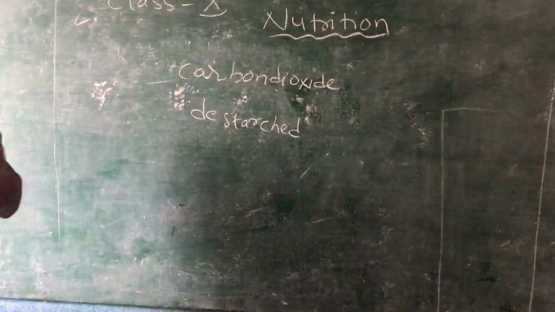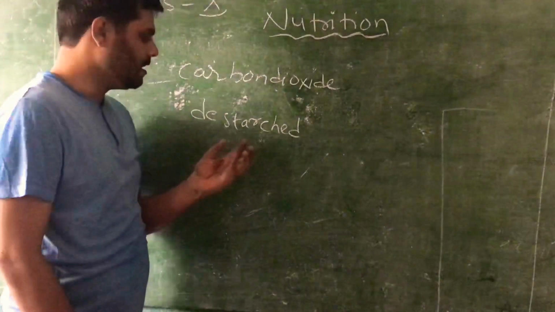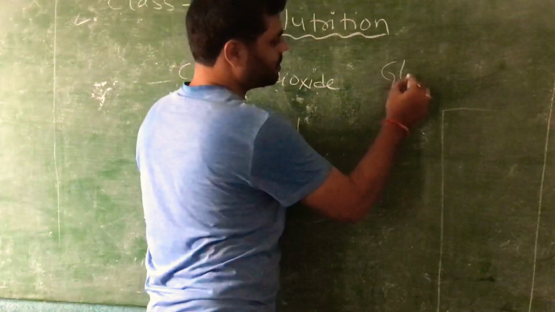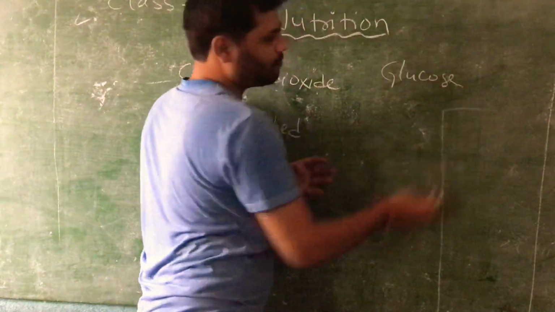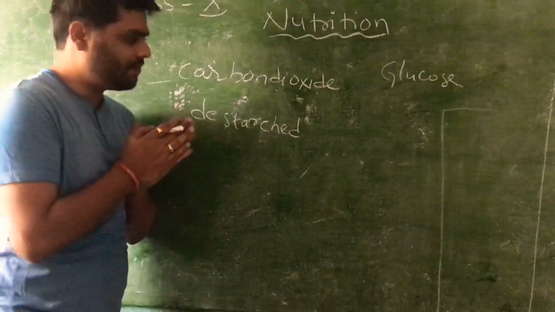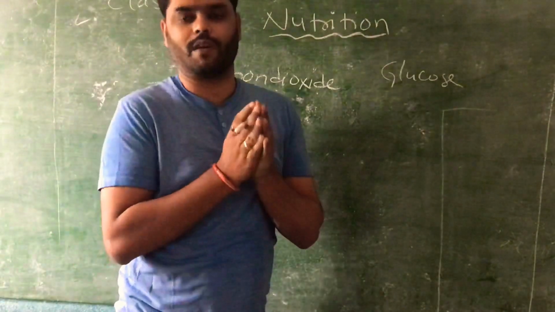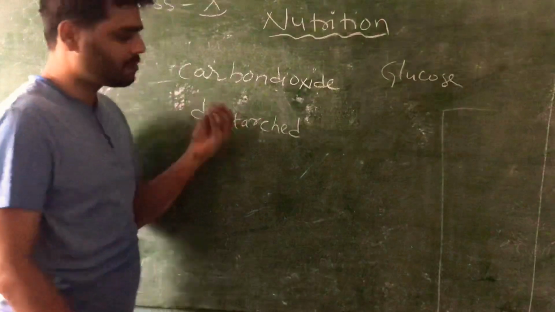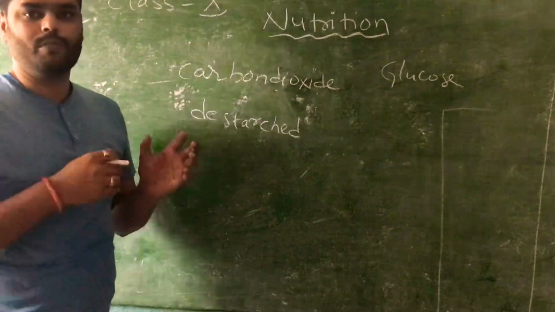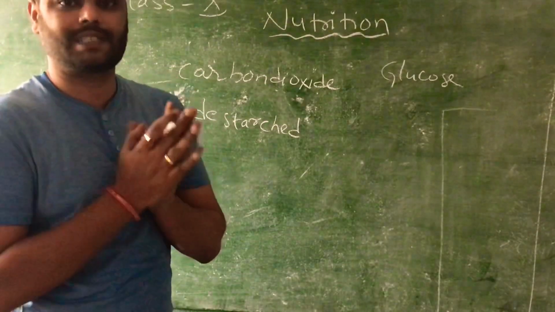I already explained what starch consists of. Whatever glucose is there will be in the large form. The more number of glucoses together will form starch. Every plant will store their food in the form of starch. It is nothing but a glucose polysaccharide, consisting of more number of glucose together. It is called starch.